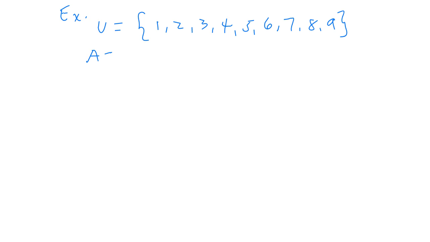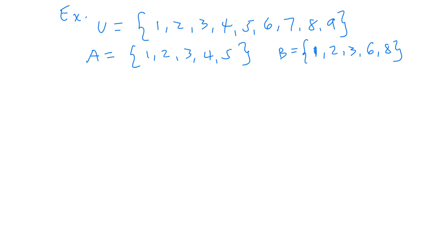And then our set A would be 1, 2, 3, 4, 5. Set B will have 1, 2, 3, 6, and 8. And then C, again we have 3 sets now. 2, 3, 4, 6, and 7.